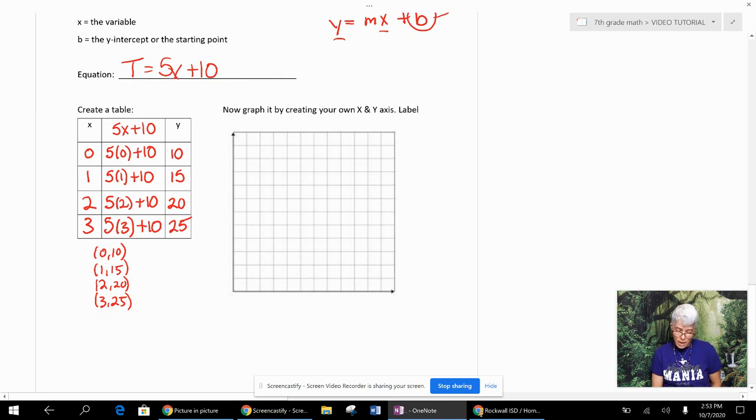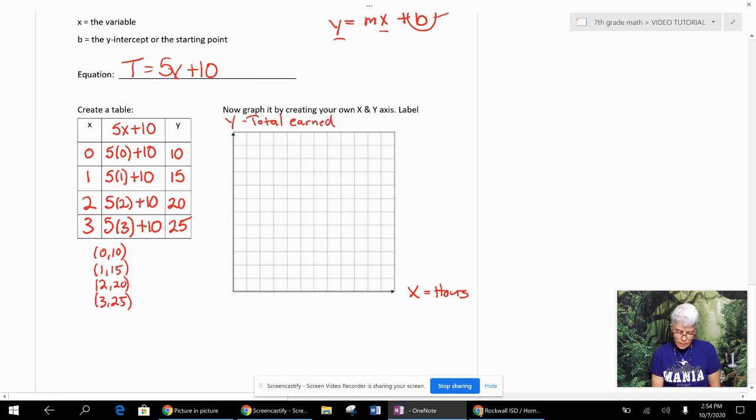Now the problem with this graph right here is it doesn't list what anything is. So we already decided that this is the x-axis, and that is going to be the number of hours. And then the y-axis is going to be our total earned.